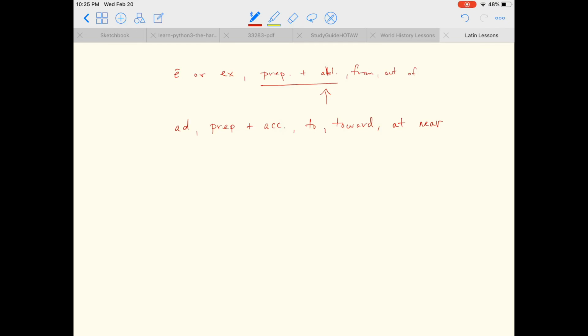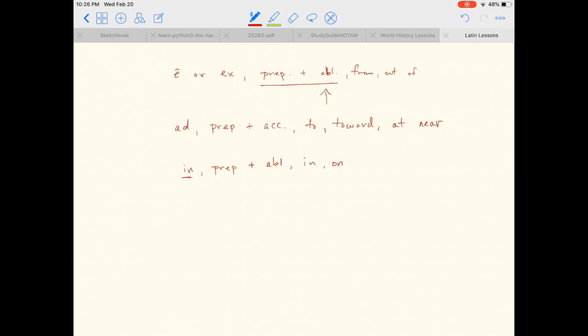Now you have to be careful because in some cases you'll have prepositions that can be used with either case, but they'll mean different things. And the example we discussed in class today was in. So there's one use of in that takes the ablative case, that means in or on.